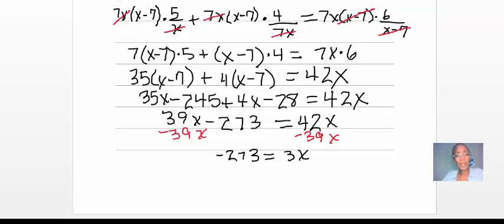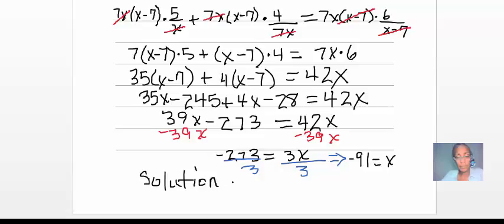And if I divide both sides of the equation by 3, I obtain negative 91 is equal to x. So my solution set is the set that has negative 91 in it. And that's how you would work that problem.